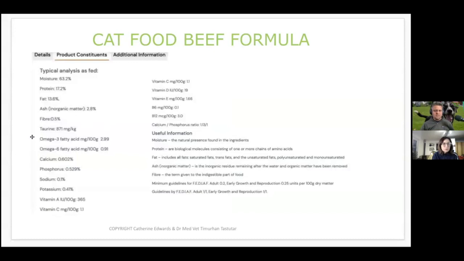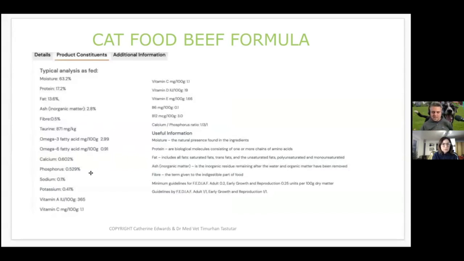So I have some other slides here just to talk about different formula. So this is a cat food beef formula, and we can see here that we have all the additives listed here too. So they didn't divide it as additives, but they added all of it. So there is nothing wrong with their label.